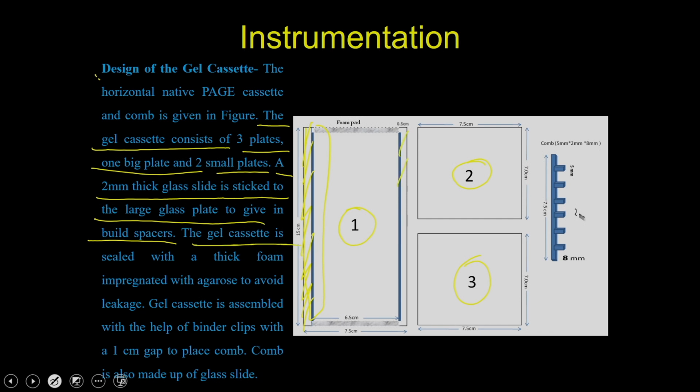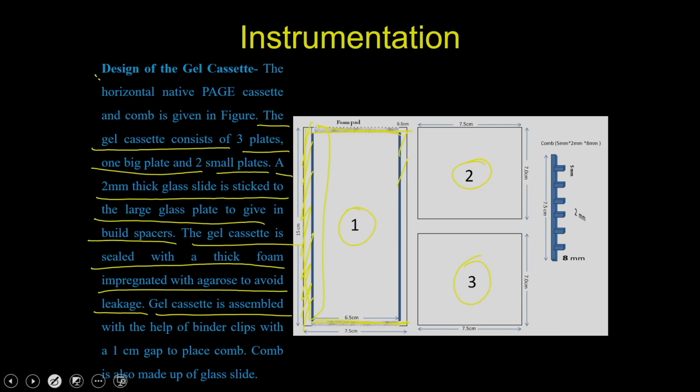The gel cassette is sealed with a thick foam on both sides, which is used for sealing this apparatus and is impregnated with agarose to avoid leakage.